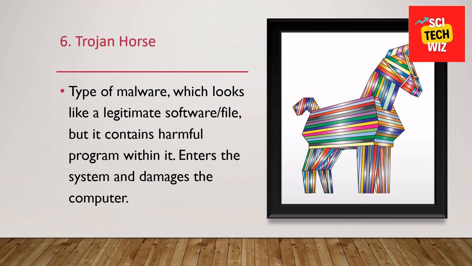The Trojan horse was a wooden horse used by the Greeks during the Trojan War to enter the city of Troy to win the war. In the same way, Trojans disguise themselves as legitimate or desirable software, tricking users into installing them. Once installed, they can create backdoors, steal sensitive information, or grant unauthorized access to the attackers.